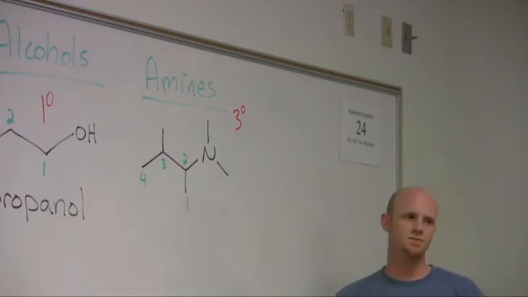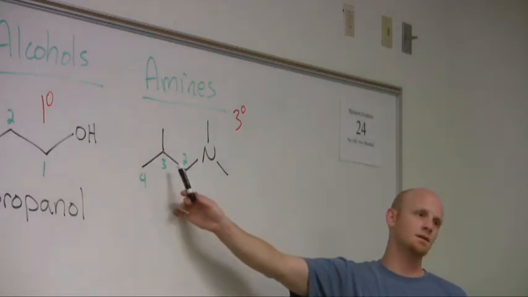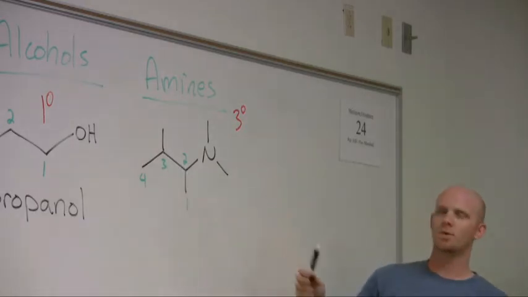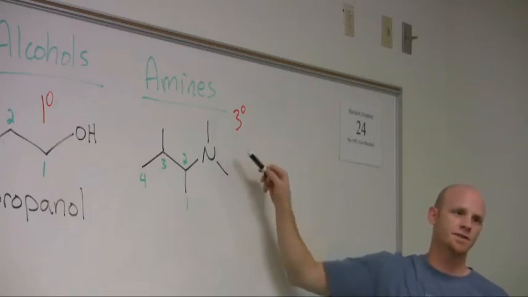How many substituents do we have here? We got 3. Carbon 3, we have what? A methyl. But what else do we have? Methyls on the nitrogen as well, in the amine.